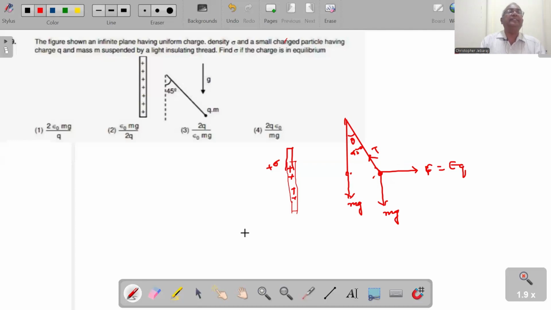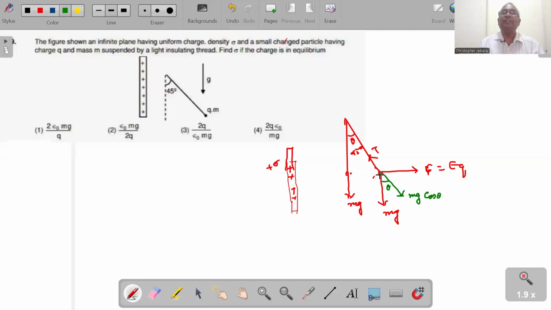Let us take it in another color. This is theta. mg cos theta. And we can think in this way. This tension is resolved into two components.